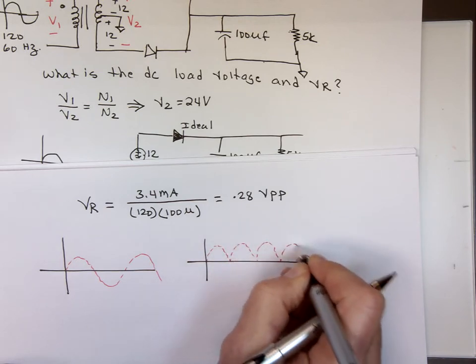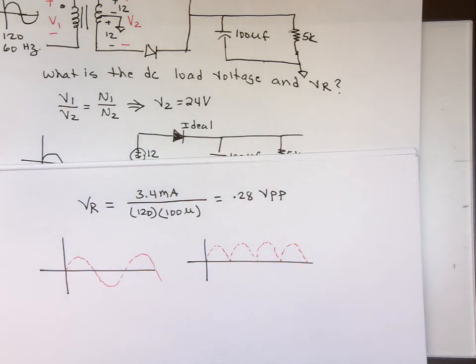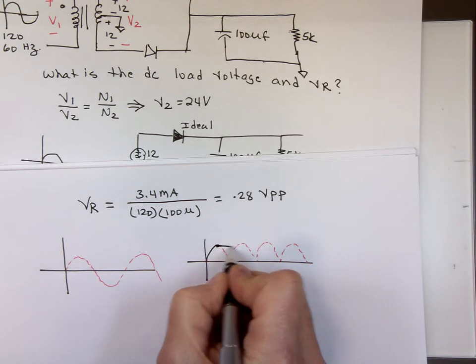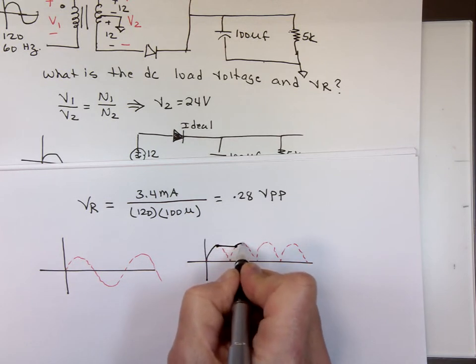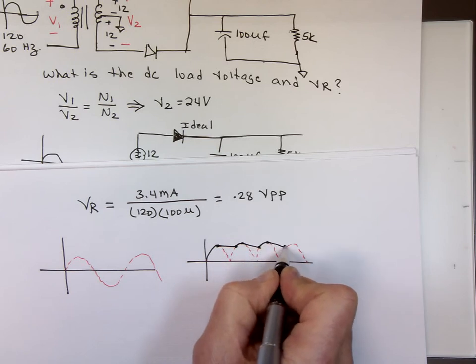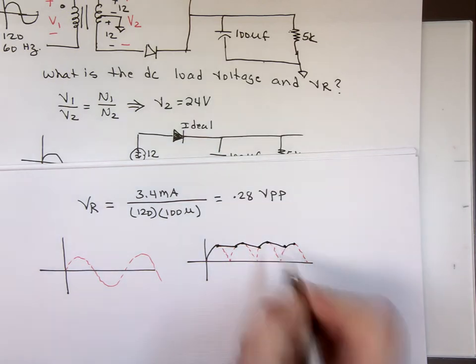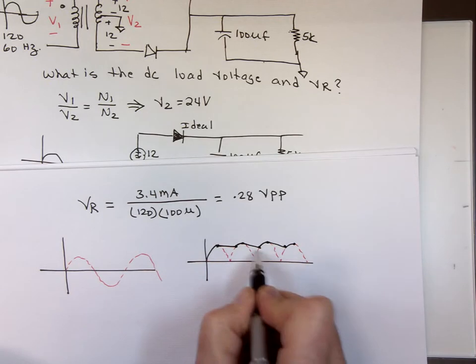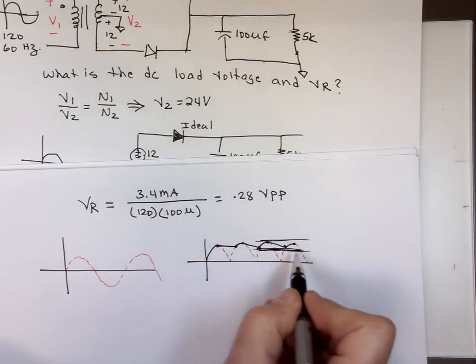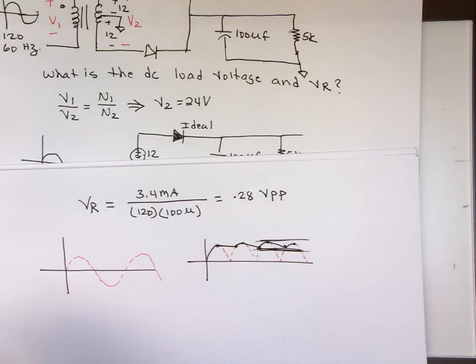But because of that capacitor being there, it's going to make it go like this, shrink down, jump there, come down, up there, and repeat the process. That gap between the low and the high is 0.28 volts, almost a constant value. And that's what you want if you want to create a power supply. You want that value to remain the same.